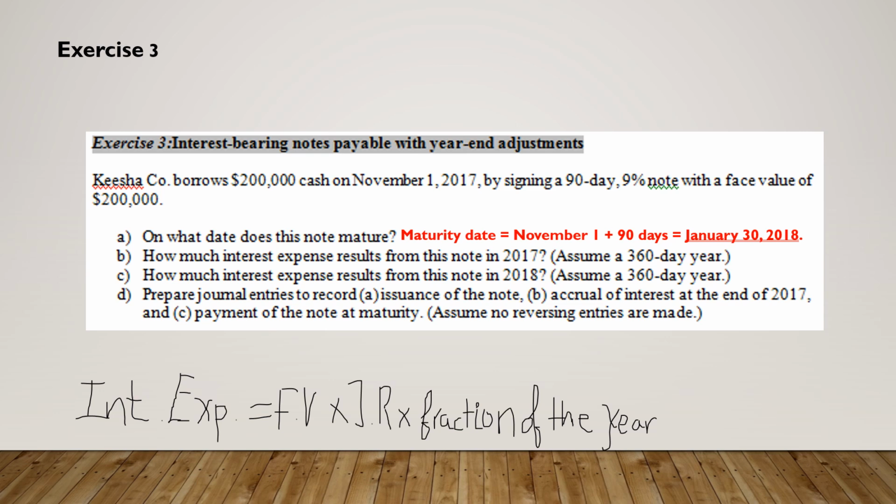By the fraction of the year, I mean the duration of the note. So here, for example, it's 90 days, which means that I'm going to say 90 over 360, which are the days of the year.